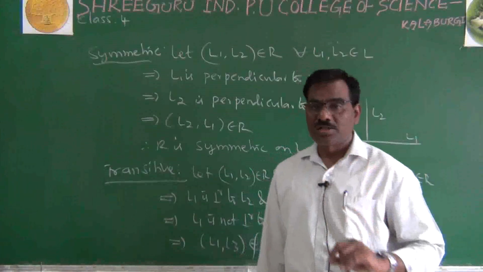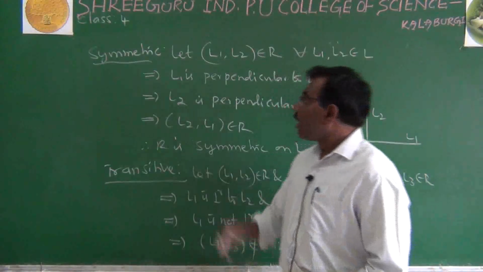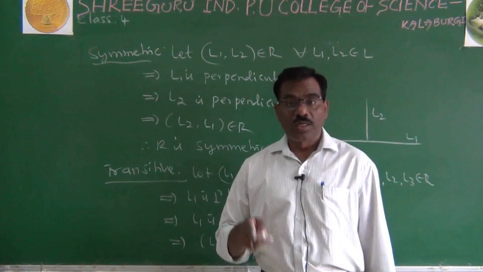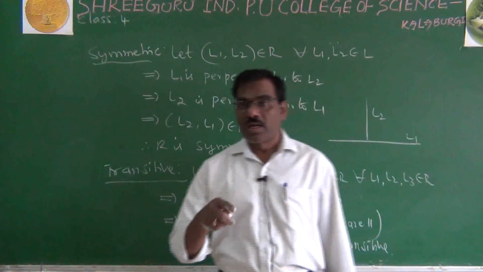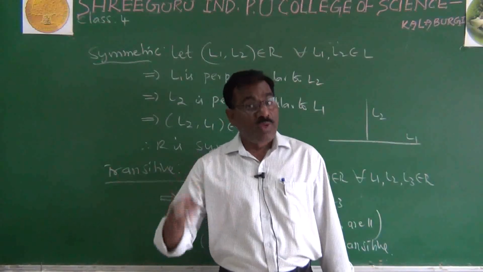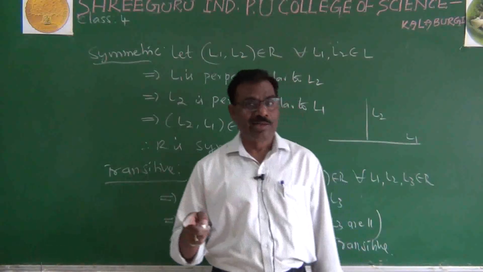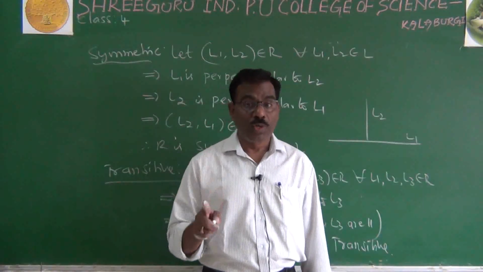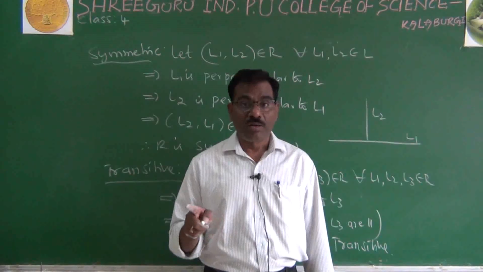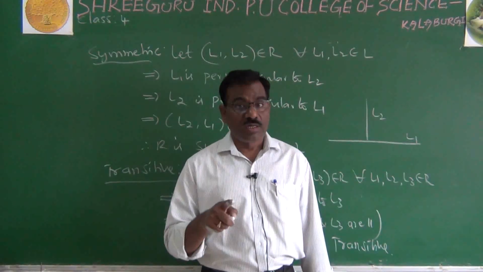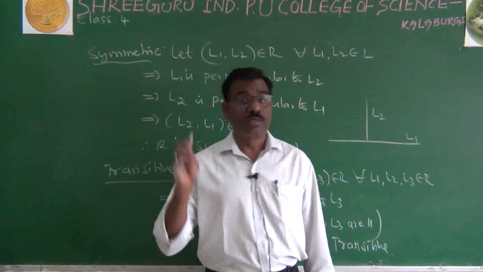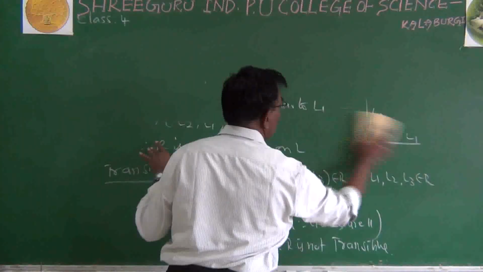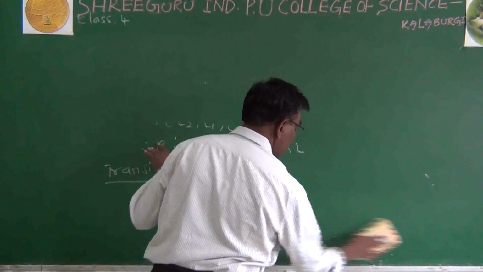So what is the one line answer? The relation R = {(L1, L2) such that L1 is perpendicular to L2} in the set of straight lines in the plane is always symmetric but not reflexive and not transitive. Reflexive, no. Symmetric, yes.